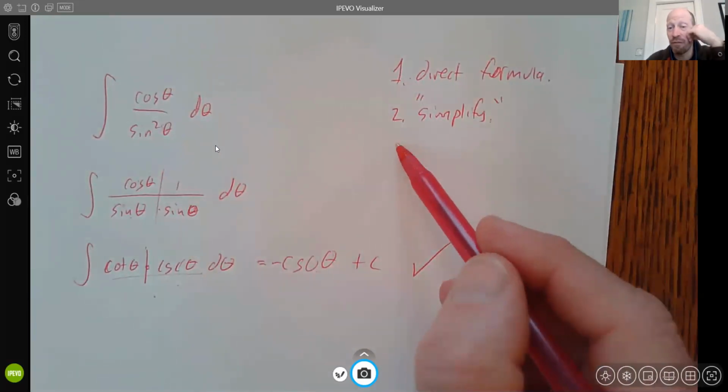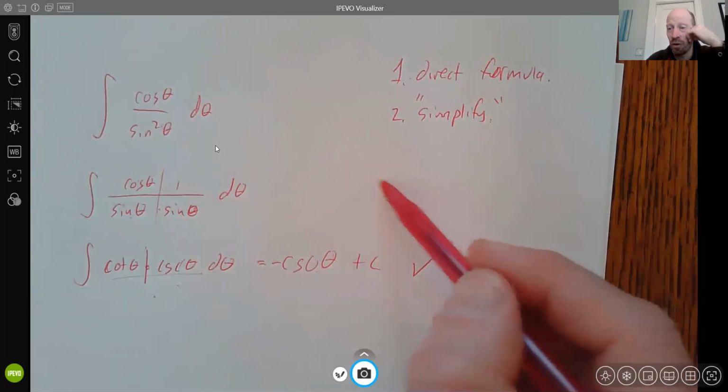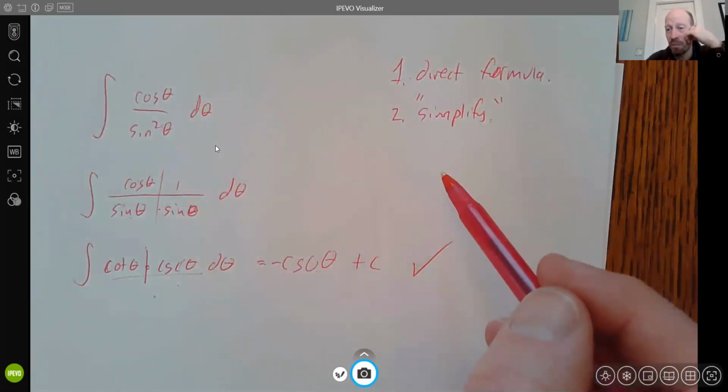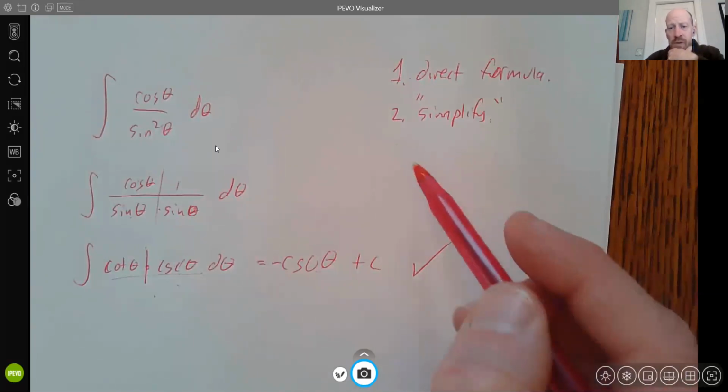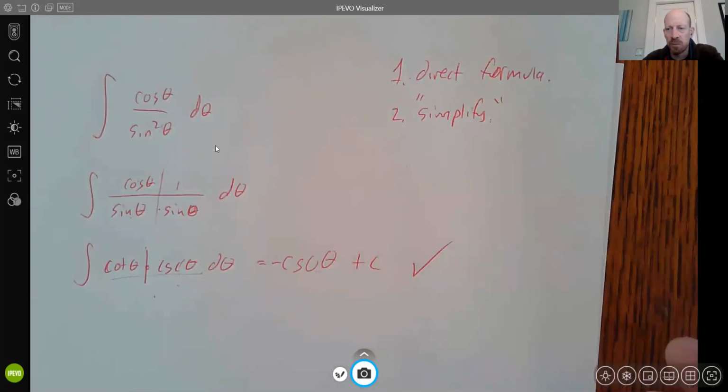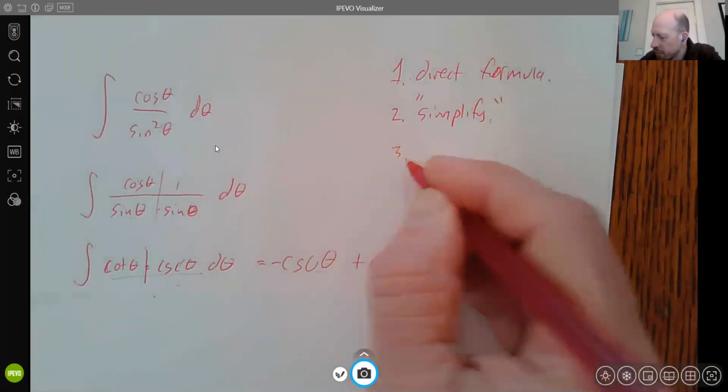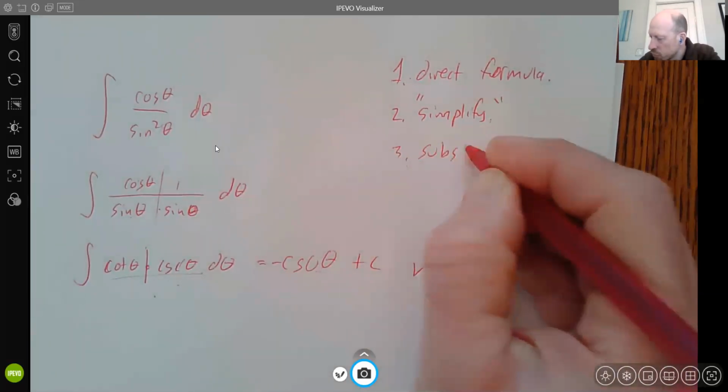When we get to 5.5, we'll learn another rule called the substitution rule. And that substitution rule undoes the chain rule. So it turns out the chain rule is actually the easiest one to unravel. The product rule is harder. You'll learn that in Calc 2. So I can write it in here, but we don't know this one yet. Substitution.